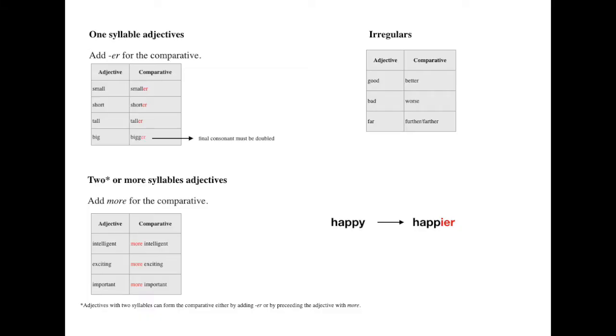Okay, so we're going to distinguish between three main categories. And so first we have adjectives with one syllable. Can you give me an example? Tall, very good, very good. All right, so tall. All right, to form the comparative, we just add er, okay?